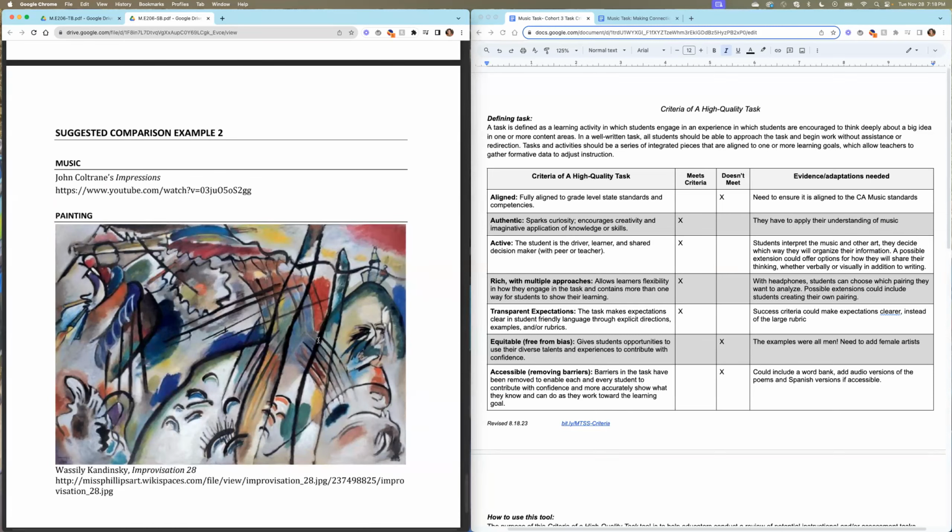They're finding connections, whether thematically or basically the way that the music makes them feel, in the same way that viewing art or reading a poem might make them feel. And so they have to apply their understanding of music as well as being very creative.